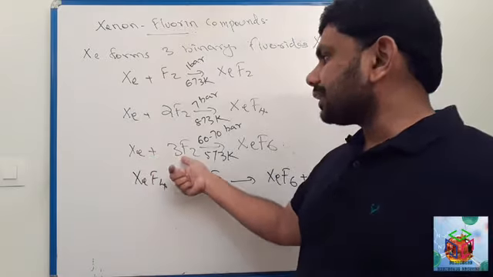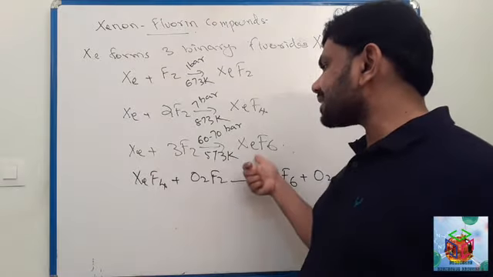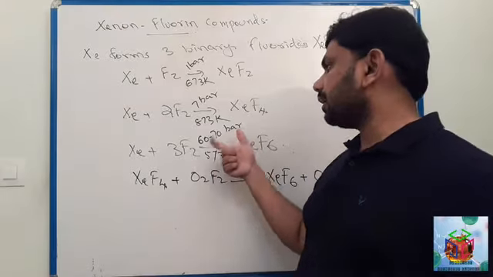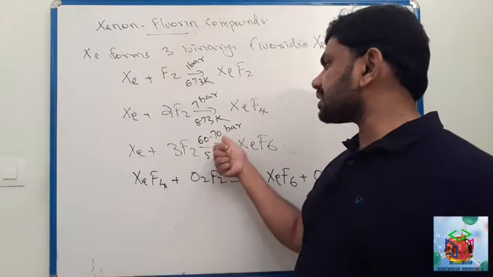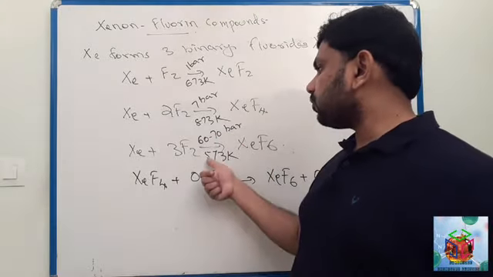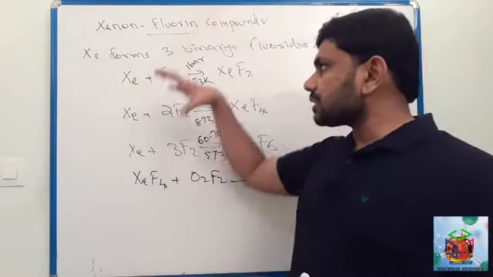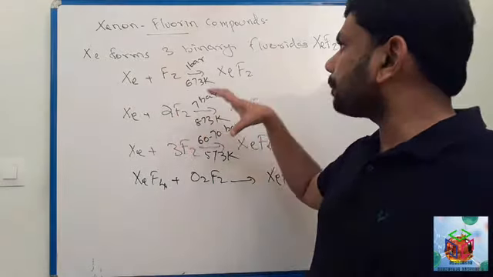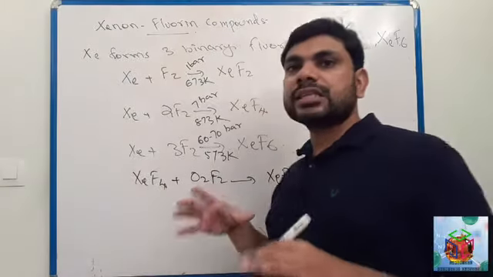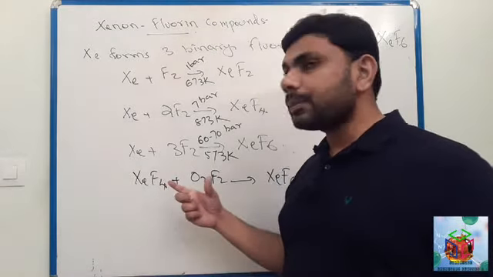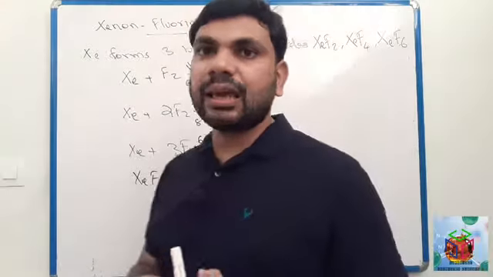Xenon reacted with 3F2 forms XeF6 at 60 to 70 bar, high pressure, and 573 Kelvin. So these are the three different methods to prepare XeF2, XeF4 and XeF6. There is one more method to produce XeF6.